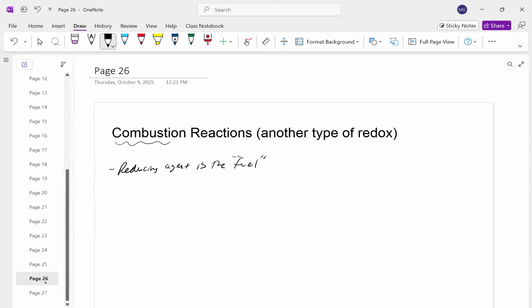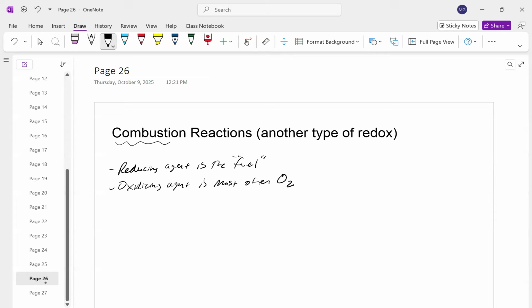So like, for example, when you burn propane, like in a barbecue, propane, that hydrocarbon, is the fuel for it. And the oxidizing agent is most often oxygen in the air.